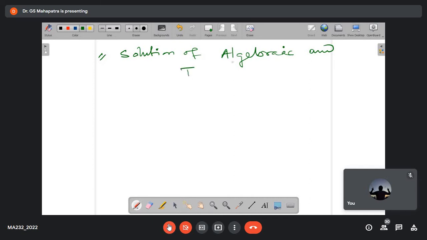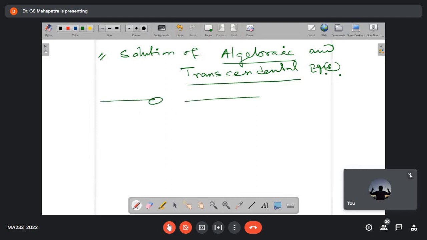These two types of equations we will consider as equations.